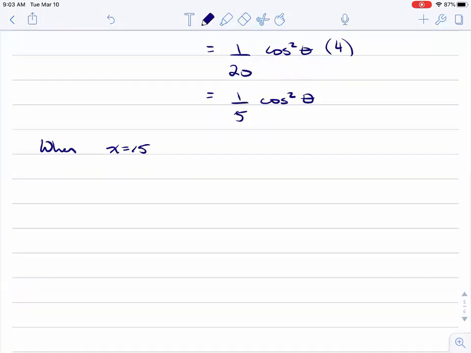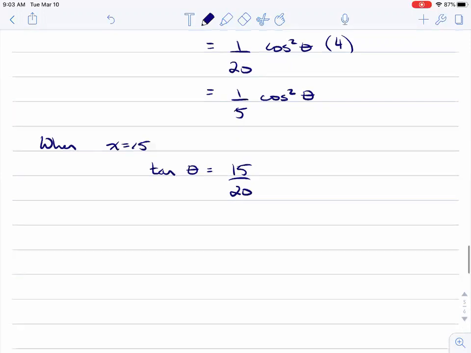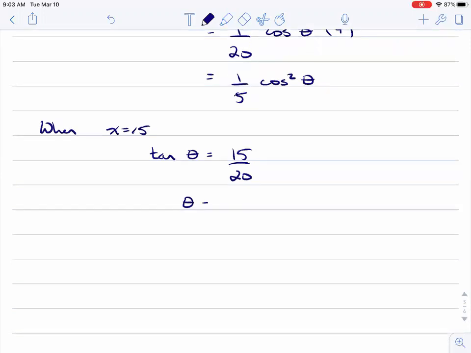Let's make sure I get the same numbers as on here. I've got something slightly different, 15 over 20. And then theta is going to be the arctan of 3 over 4. Inverse tan of 3 over 4.